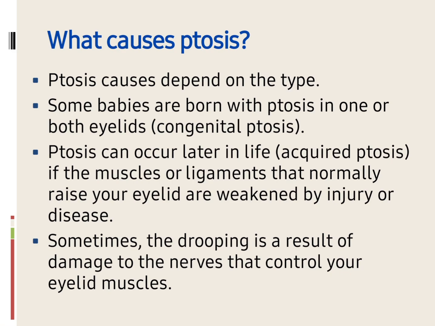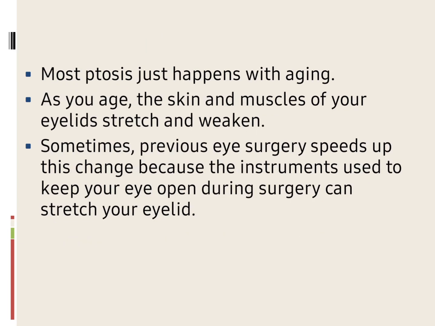Sometimes the droopy eyelid may be due to nerve damage that controls the eyelid muscles. Sometimes it can be other disease like stye, Horner syndrome, myasthenia gravis, stroke, tumor, or other conditions that can bring that ptosis.